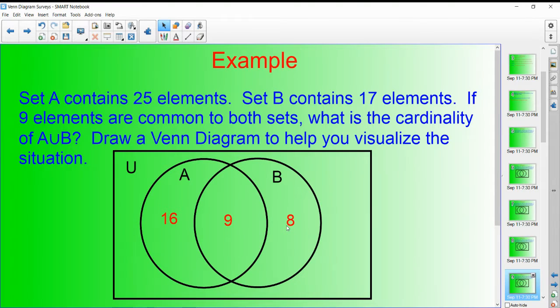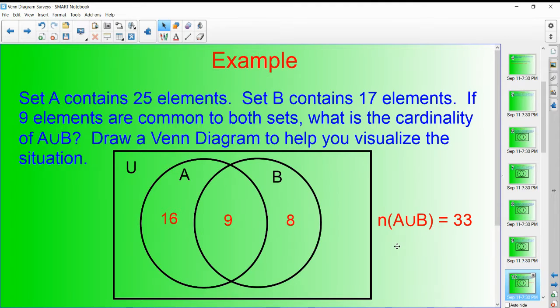So there are 8 elements only in B. And now I can count that there's 16 only in A, there's 9 in the intersection, and there's 8 in only B, which makes 33 total elements. So the cardinality of A union B is 33. There are 33 elements in at least one of these circles or both.